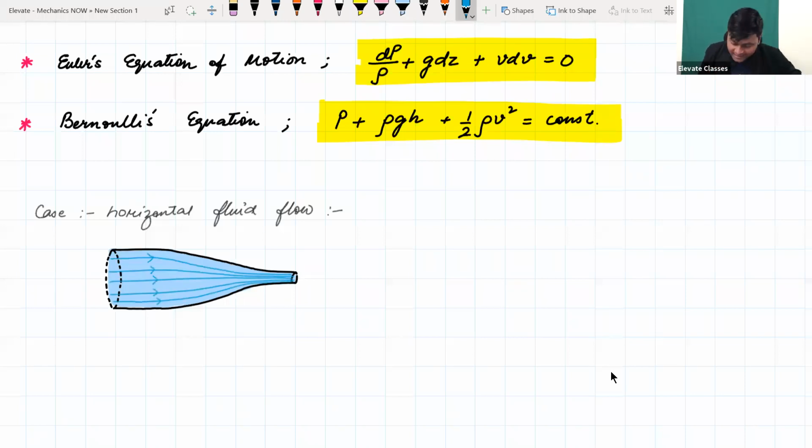We have already looked at the continuity equation, but let us apply Bernoulli's equation in this kind of situation. At the point of entry, I call this particular streamline point 1, and at the point of exit for the same streamline I call it point number 2.